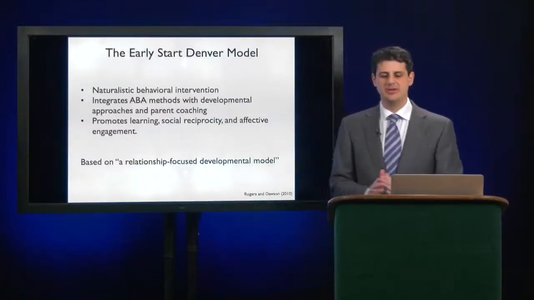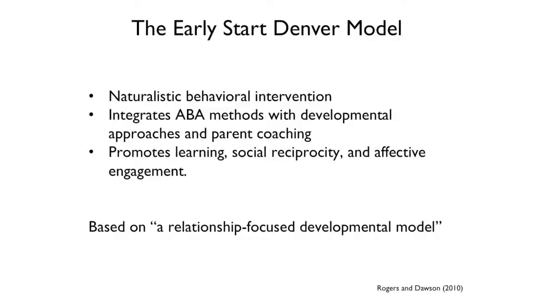Okay, so now we're going to move into the Early Start Denver model. This is another variant of ABA. It's very naturalistic. What I want you to remember from Early Start Denver model is it's a relationship-based intervention. It integrates ABA techniques into a model that emphasizes eye contact, social interaction, reciprocity, and affective engagement.